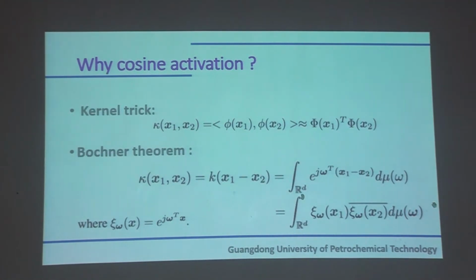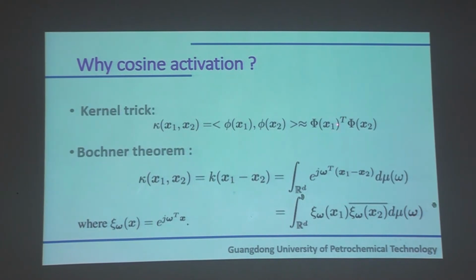So there is another kind of problem, which we call kernel approximation. That means based on this one, we have another one, the third term in this equation. We want to map the original feature space to another complex, high dimensional space.